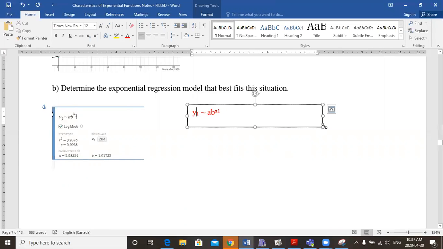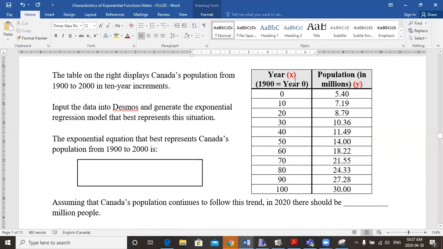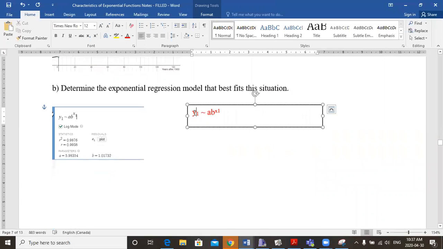Now, we don't have a context of variables. We said that x is the year and y is the population. Again, if it's going to be different variable letters, then make sure you have those letters in the model.